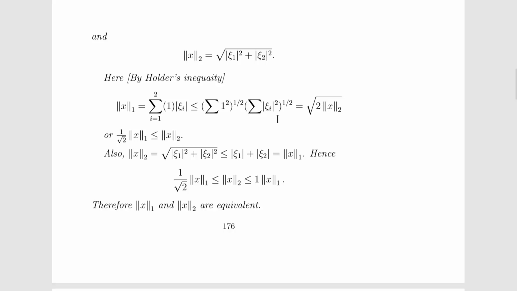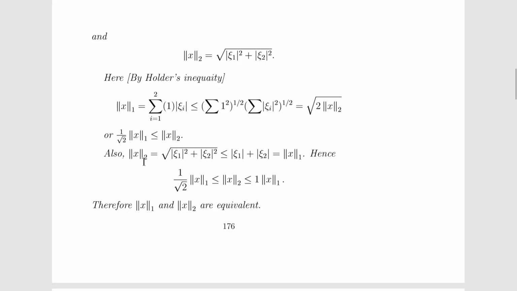If you consider this part, this is our norm 2, and this is equal to the square root of 2. So this is equal to the square root of 2 times norm 2. Or you can say that 1 by root 2 times norm 1 is less than or equal to norm 2.